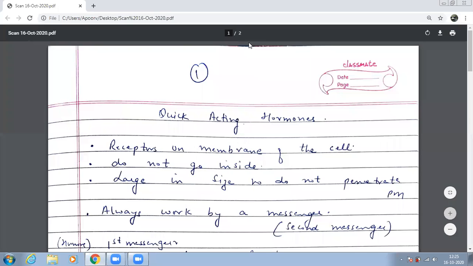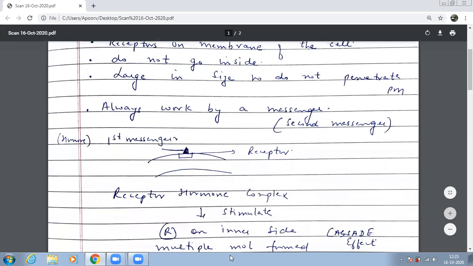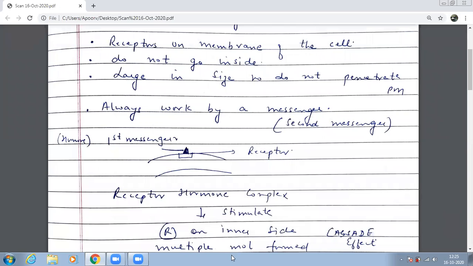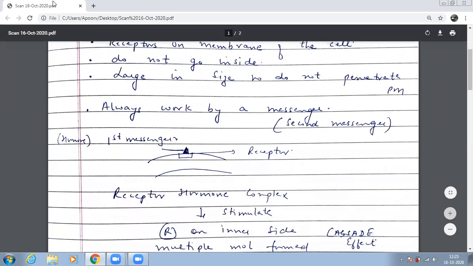Let's do it quickly. I'll just scroll down. You try and read once, then I'll start explaining. Try doing it. See this part. I'll keep scrolling.